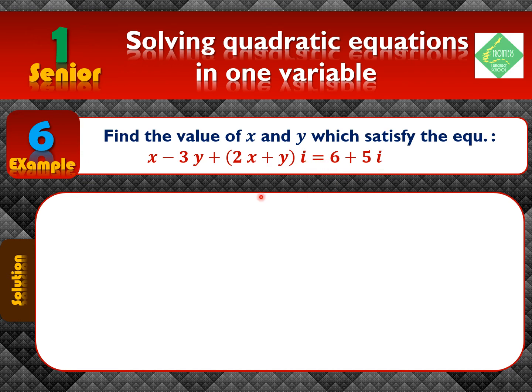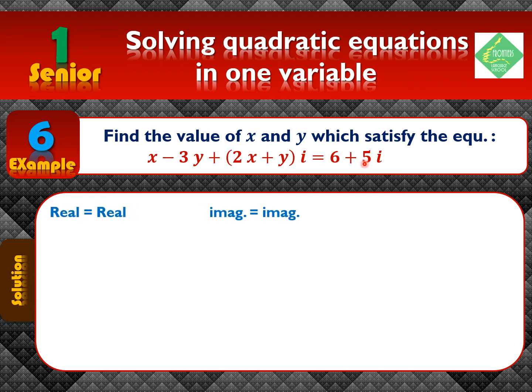You have to know that x minus 3y is the real part. At the right hand side 6 is the real part. What about imaginary? Imaginary is 2x plus y because it is multiplying by i. And in the right hand side you see 5i. So what is the imaginary part? Yes, 5.